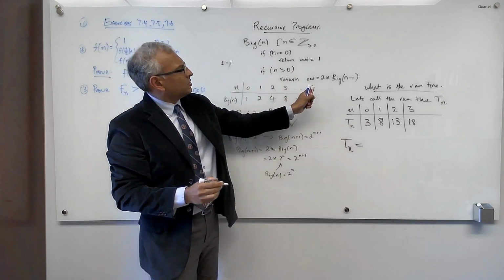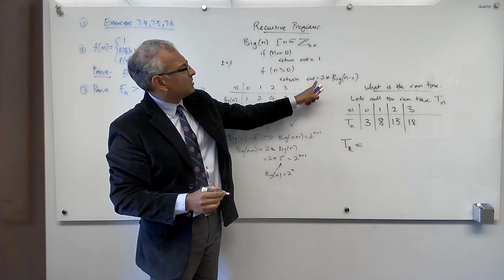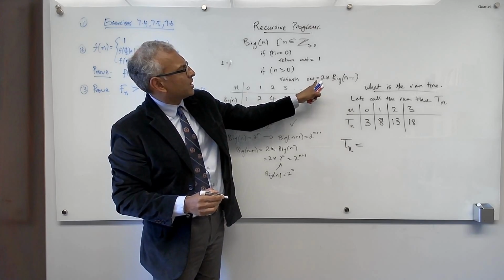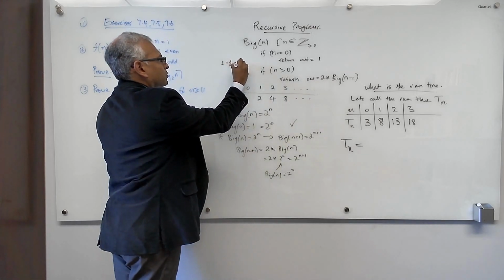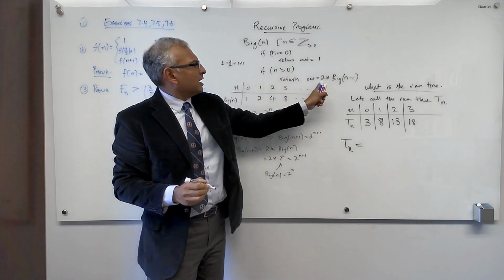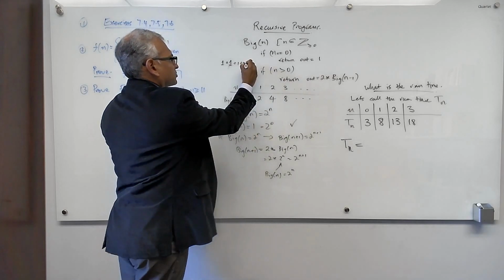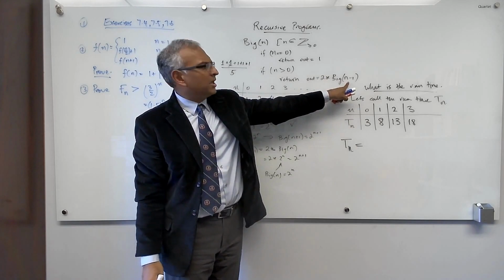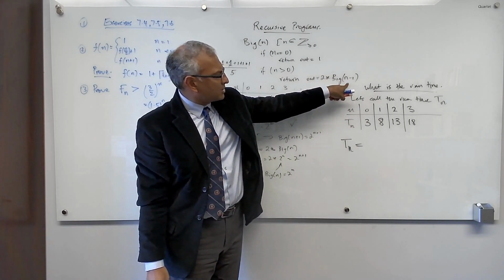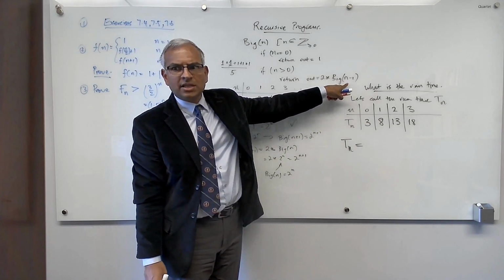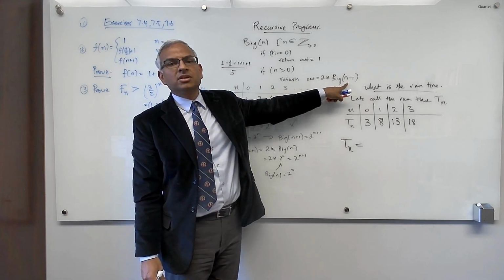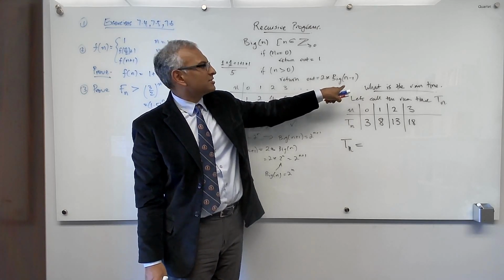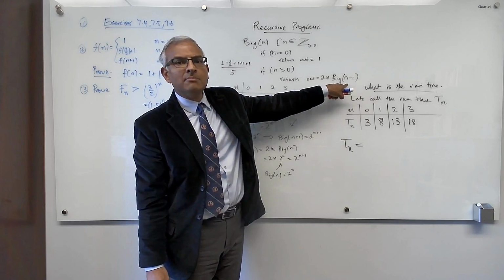Okay, then you're going to have to do a multiplication and an assignment. Okay, so that's 2 extra, so plus 1, plus 1. Okay, and then you're going to have to do a return, so that's plus 1. So there's 5 there. Okay, but you also have to compute big O of n minus 1. Okay, and how long does that take? Well, we don't know. So we can't compute it explicitly, but we do know, in some sense, that's going to take the running time for n minus 1.